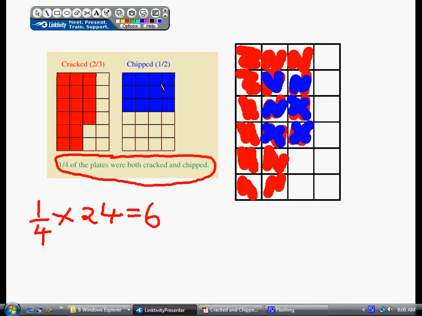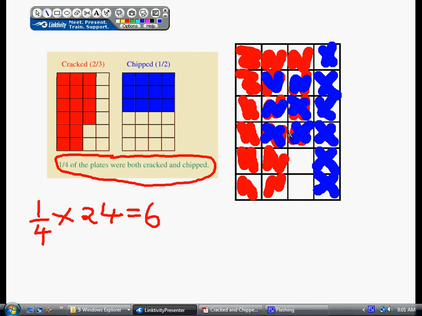Altogether, I need 12 squares to represent my chipped plates, and I know 6 of those 12 squares would be sharing the same squares as the cracked plate. So I need to find 6 from here, and I'm going to just go with this. Now, go back and check your work. How many squares were shaded red? Altogether, we had 16 squares shaded red. How many squares were shaded blue? Altogether, 12. And 12 squares should have been shaded blue according to this picture, so we're good.